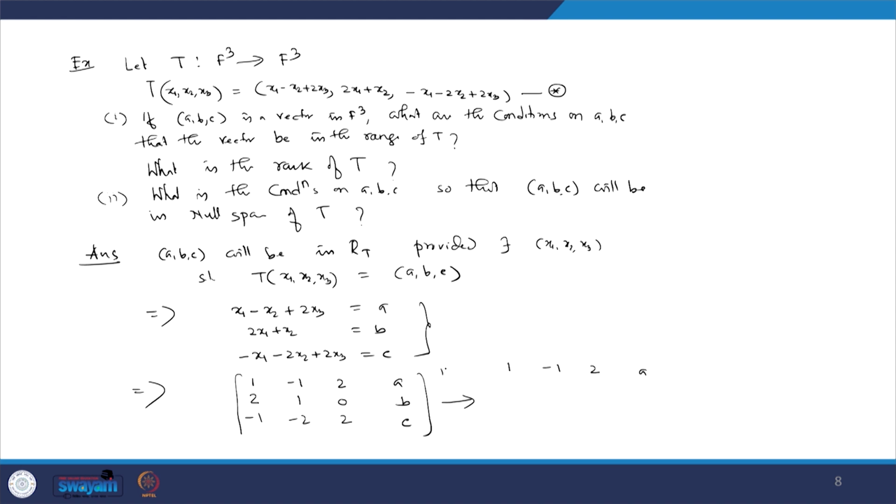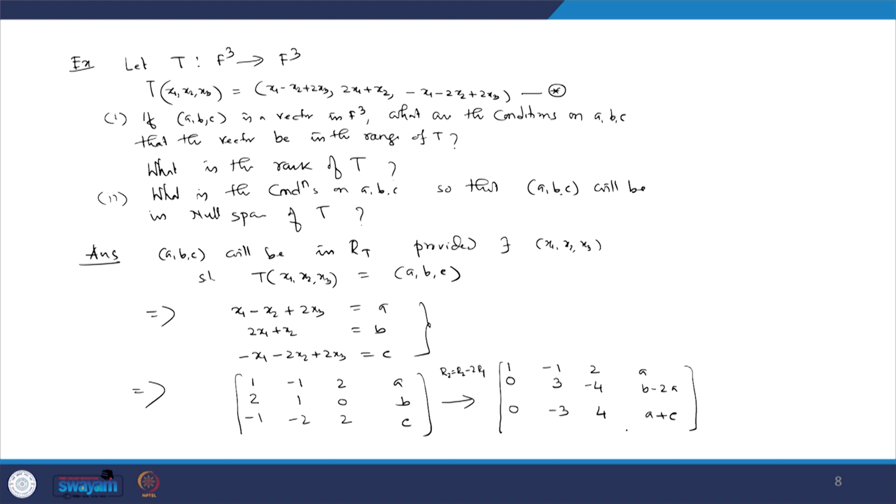Second, I replace R2 by R2 minus 2R1. So, the second row is 0, 3, minus 4, b minus 2a. And third, R3 is replaced by R3 plus R1, so I get 0, minus 3, 4, and a plus c.